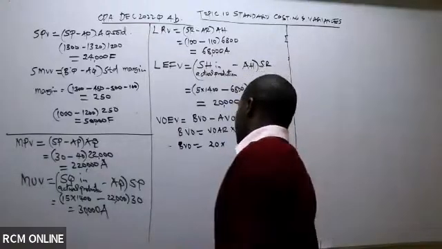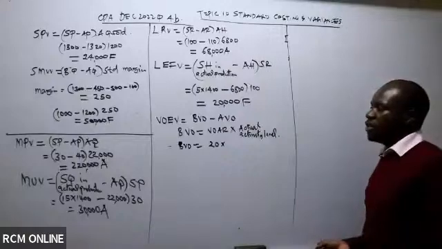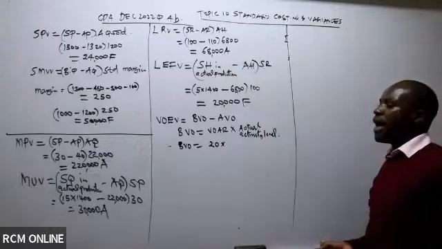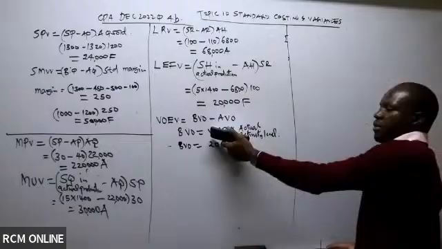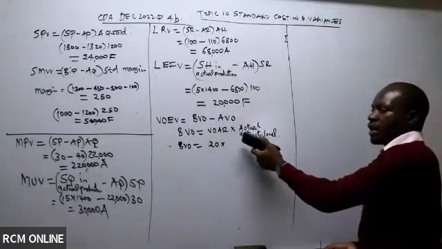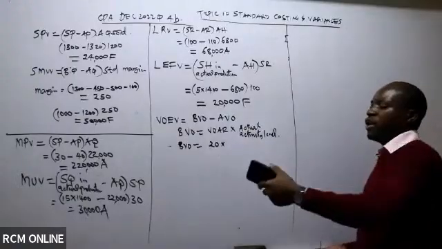Are you able to see actual activity level? Actual activity level is dependent on actual labor hours. So the overheads absorbed will be the variable overhead absorption rate times actual activity level. They are absorbed based on labor hours.